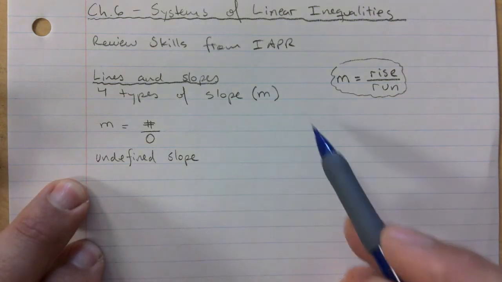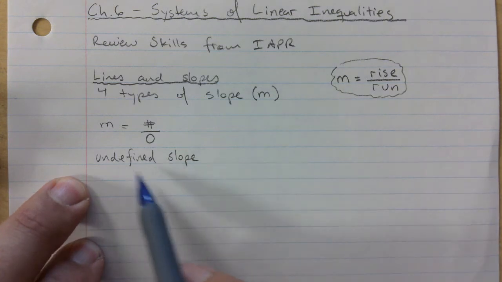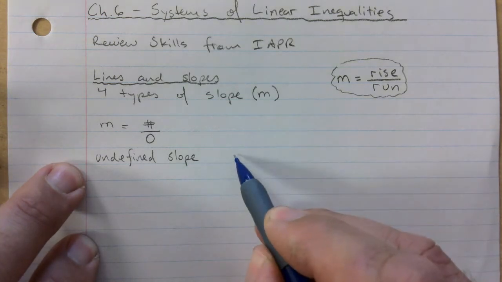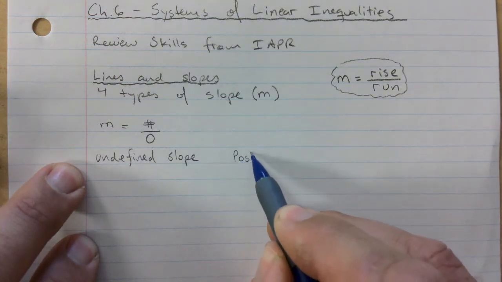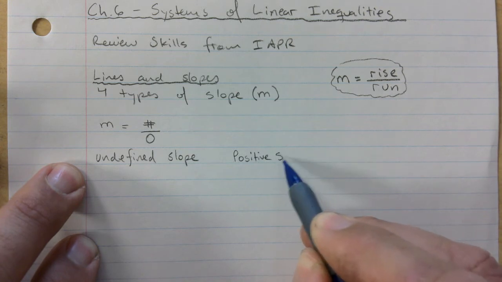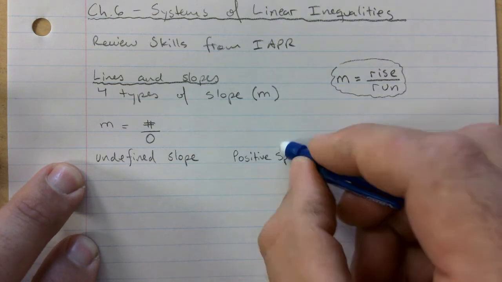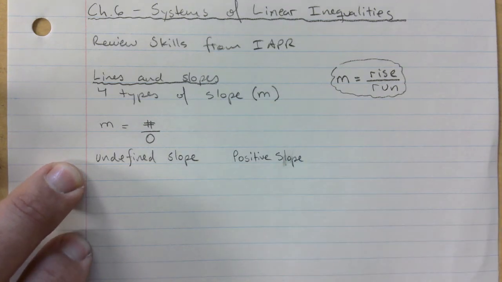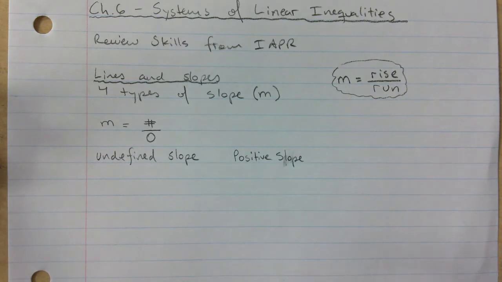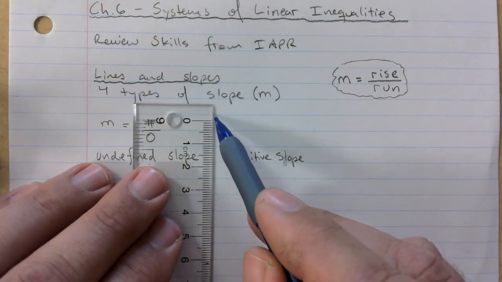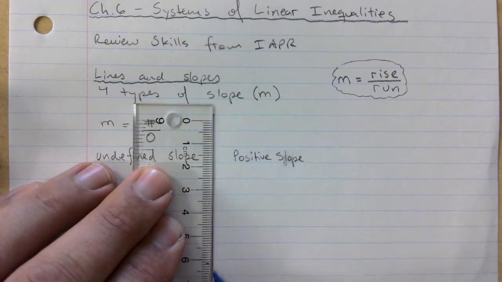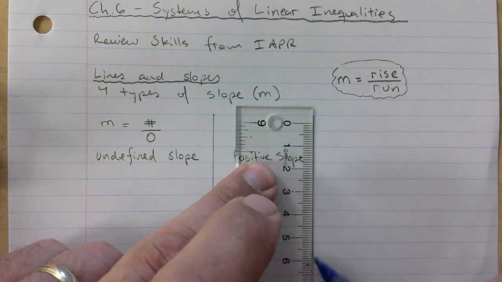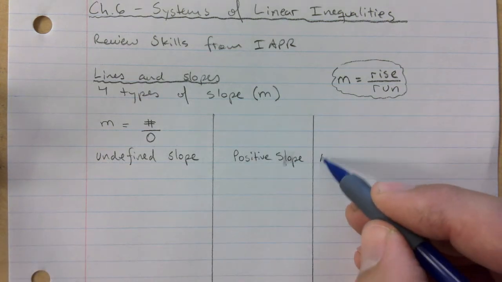So I'm going to make 4 columns here, side by side. So kind of try to keep this together. And then we have a positive slope. If you have a ruler, it'd probably be a good idea to just split it up here. You have a negative slope.